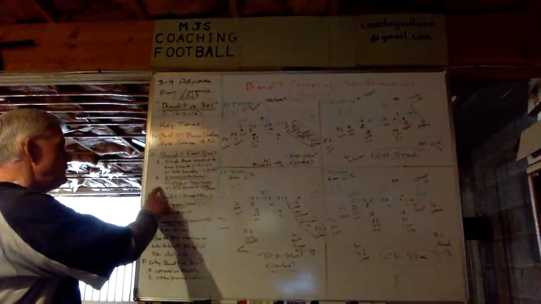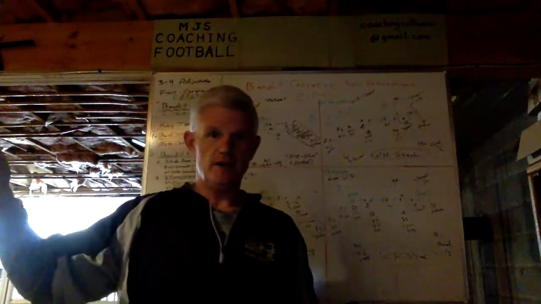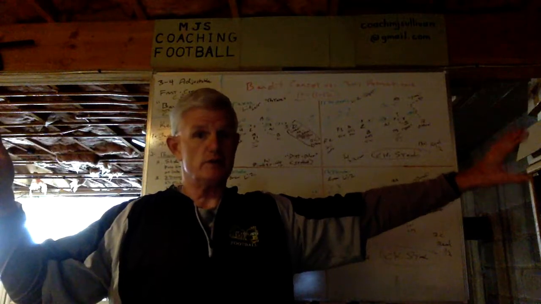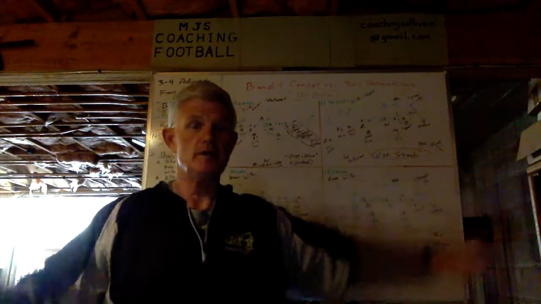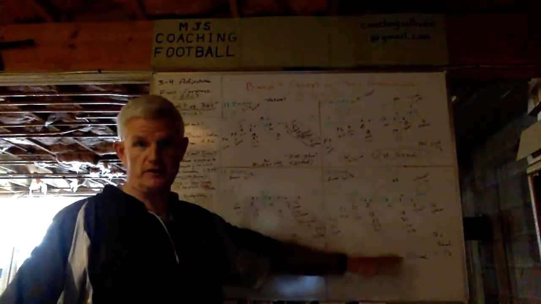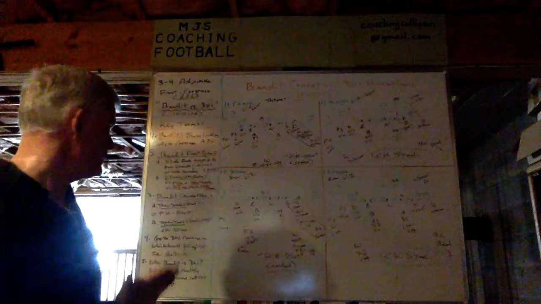And then versus what we call single width, or tight end on one side with the 3 wide receivers on the other side, or at least 3 receivers, we go back to our outside linebacker opposite the lizard rip, and that's going to be check steal.